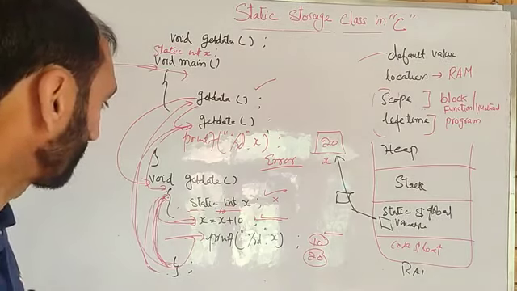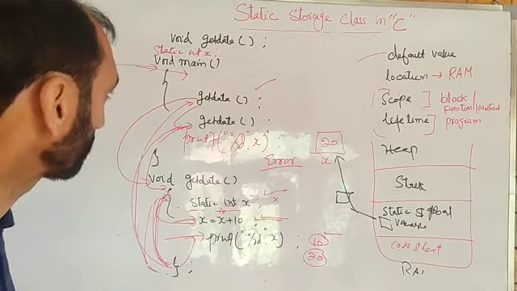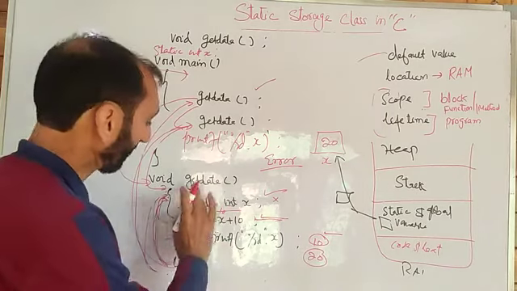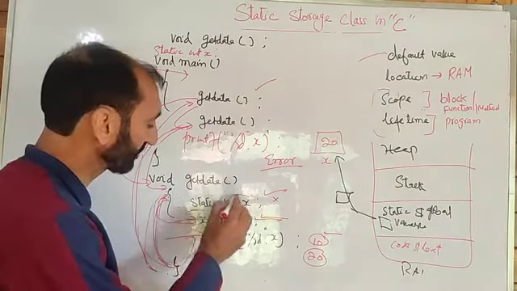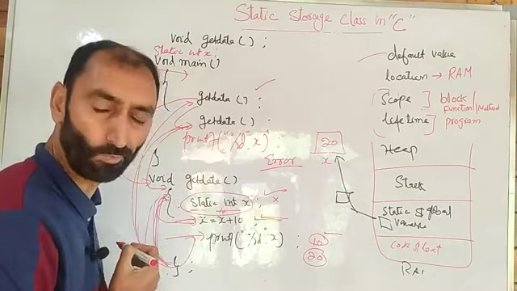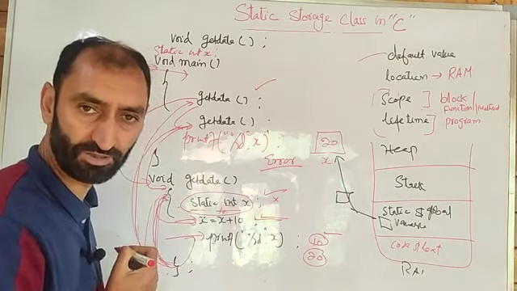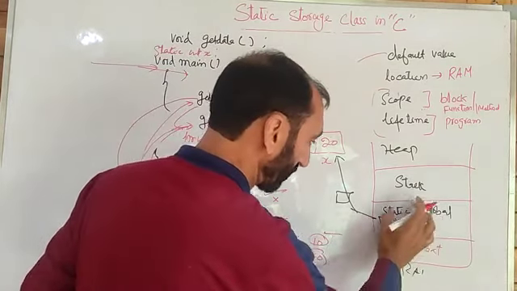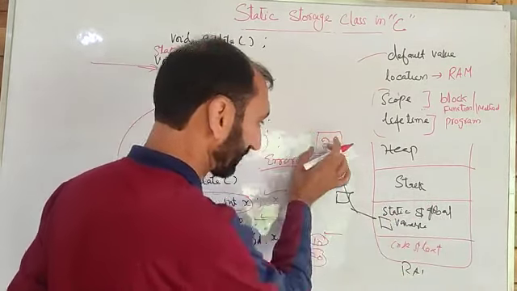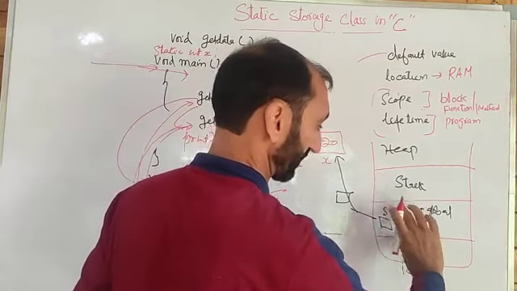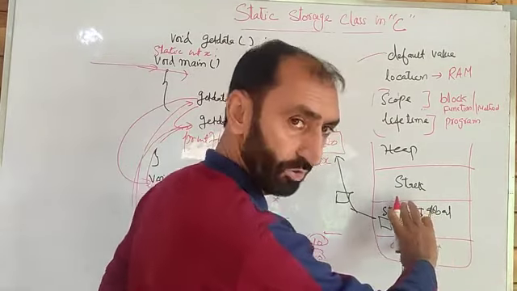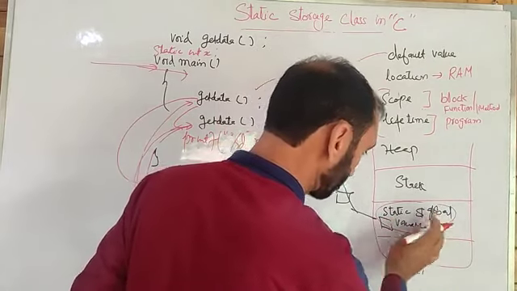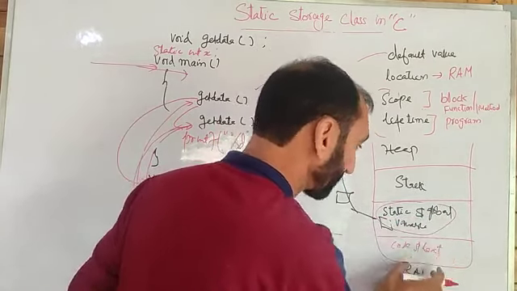And one thing we must keep in mind while using static variables is that we must minimize the use of the static storage class for variables. Why? Because as I have told you, most of the memory for these static variables is going to be allocated from this portion, static and global variables. The scope and lifetime of these static variables are throughout the program.